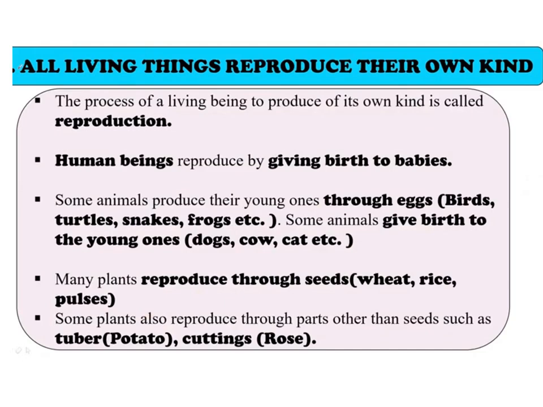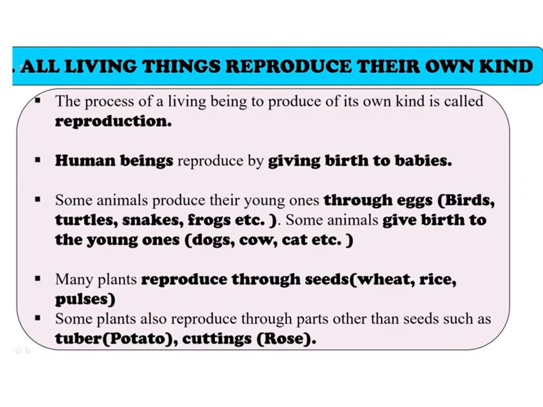And some animals produce their young ones through eggs, like birds. I hope you understood this. Human beings reproduce by giving birth to babies, and some animals produce their young ones through eggs, such as birds, turtles, snakes, frogs, etc. And some animals give birth to the young ones, as I have already told, like dog, cow, cat, etc. Again I am going to show you their pictures in the next slide.